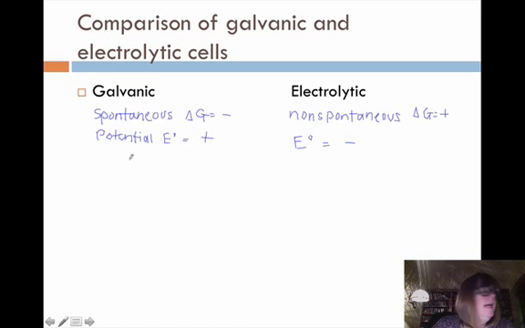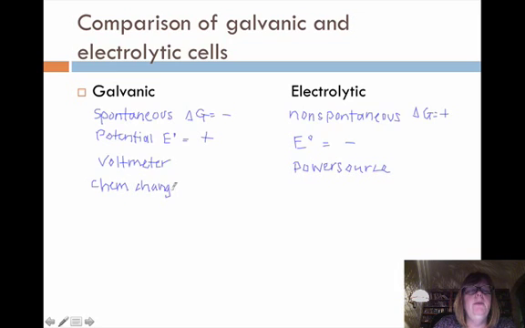In a galvanic cell, we have something called a voltmeter that is measuring our electron flow. And in an electrolytic cell, you're going to see a power source because we need something to push the electrons through this cell. In a galvanic cell, we are using a chemical change to produce electricity.